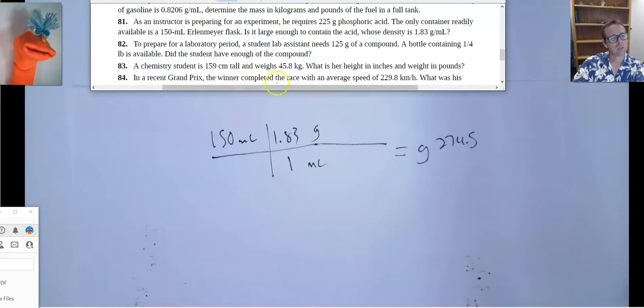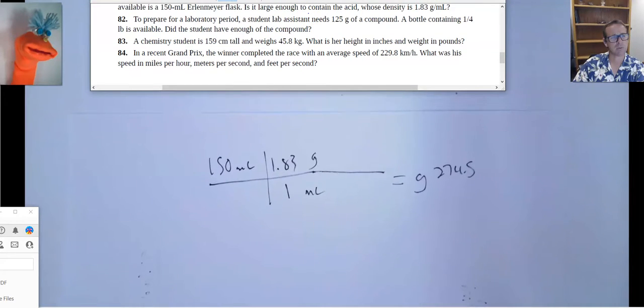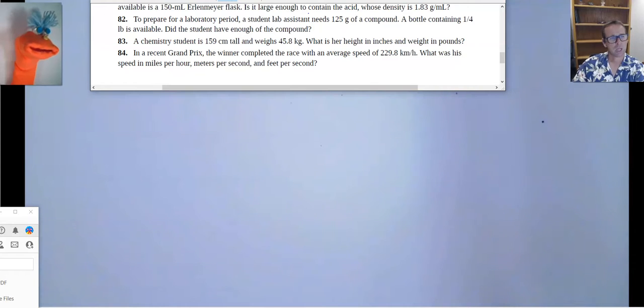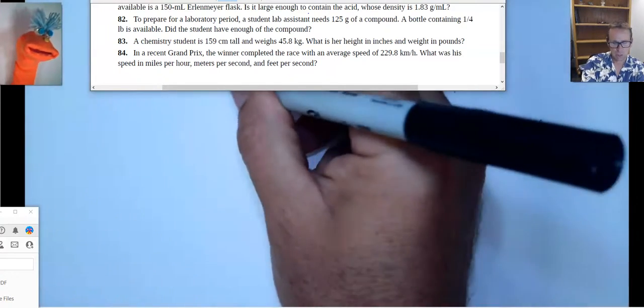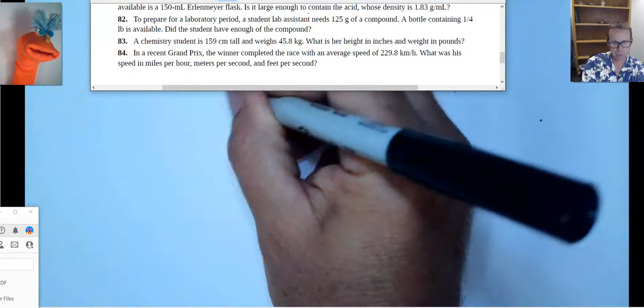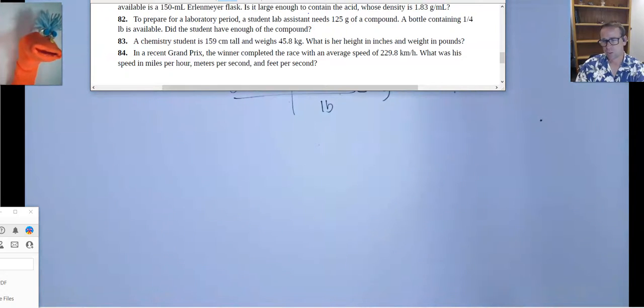All right, good. 82. A student needs 125 grams of a compound. The bottle contains a quarter pound. Does the student have enough of the compound? Grams to pounds. So if I want to know how many grams I have, 0.25 pounds.